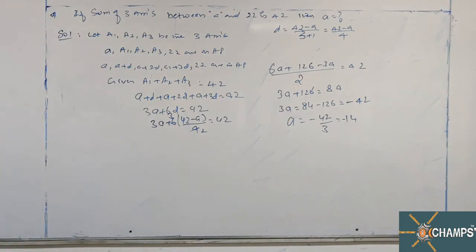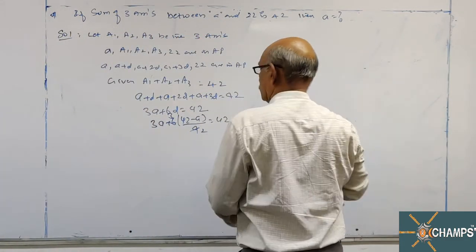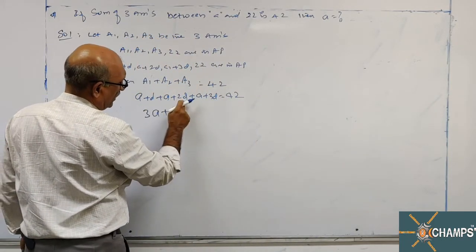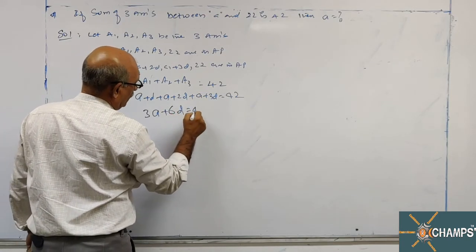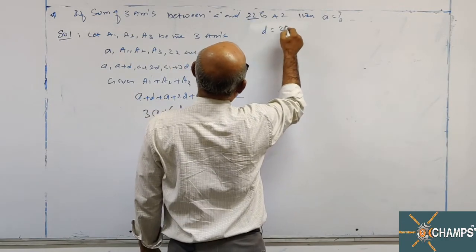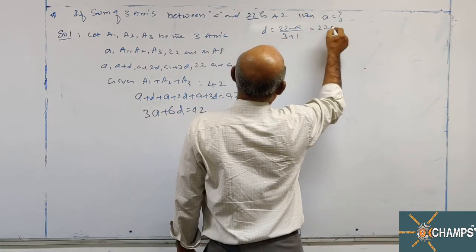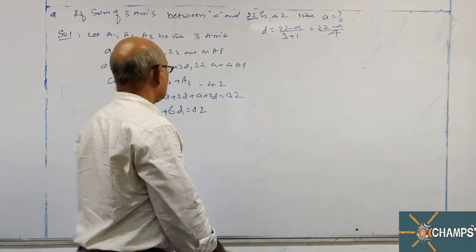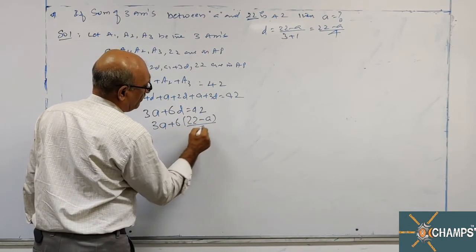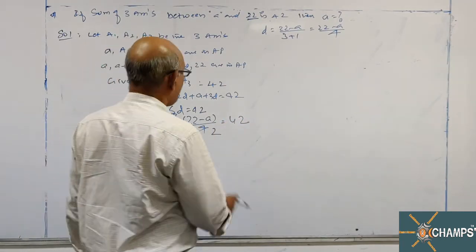Oh, sorry. 3A plus D, plus 2D, plus 3D, that is 3A plus 6D is equal to 42. Common difference is last term 22 minus A divided by 3 plus 1. So 22 minus A by 4. So this is 3A plus 6 into 22 minus A by 4 is equal to 42. Now 2 will go 2 times, 2 will go 3 times.